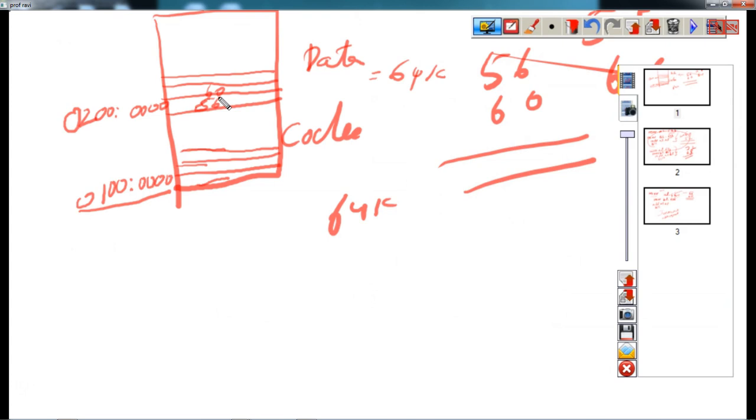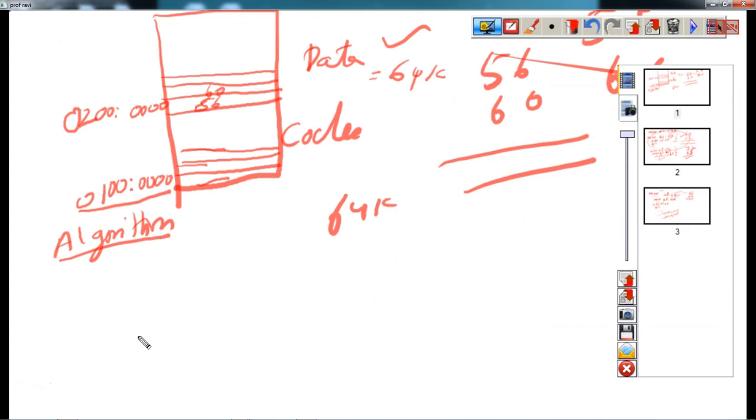So instead of specifying the data in the instruction, I specify this data somewhere in memory, in the data segment. Then what would the algorithm be? The task is the same: I have to add 2 bytes.